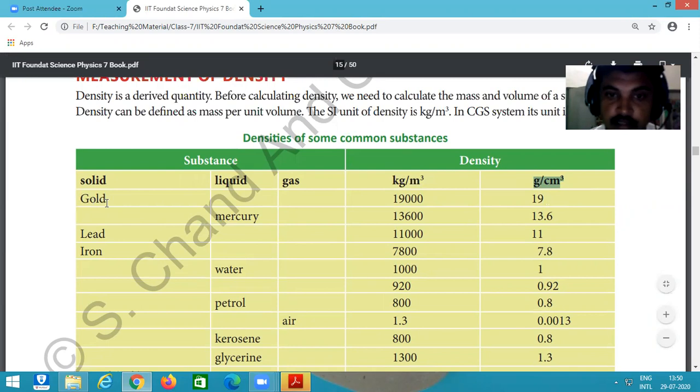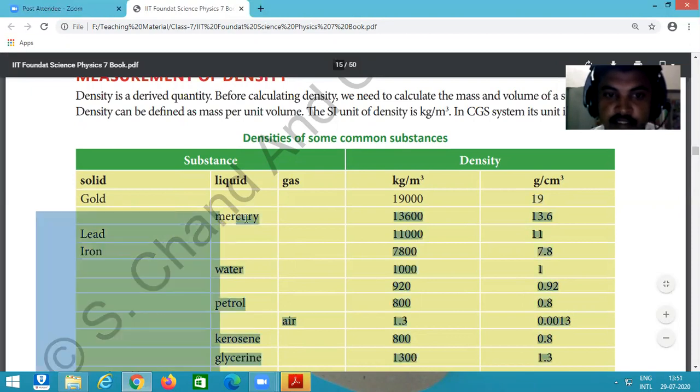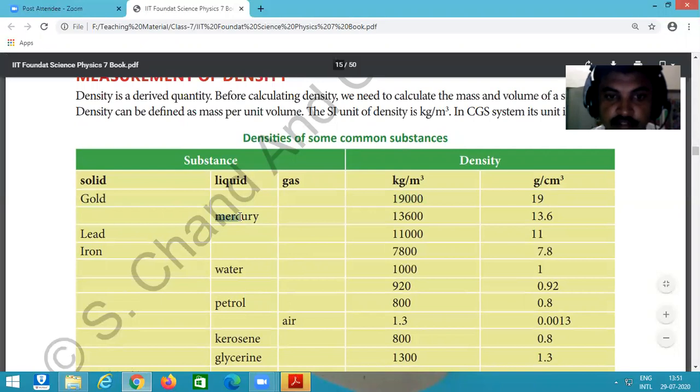What is the density of gold? 19,000 kilogram per meter cube, and in the CGS system 19. Mercury is also a metal, but it is found in nature in the liquid state. Its density is 13,600, or 13.6.